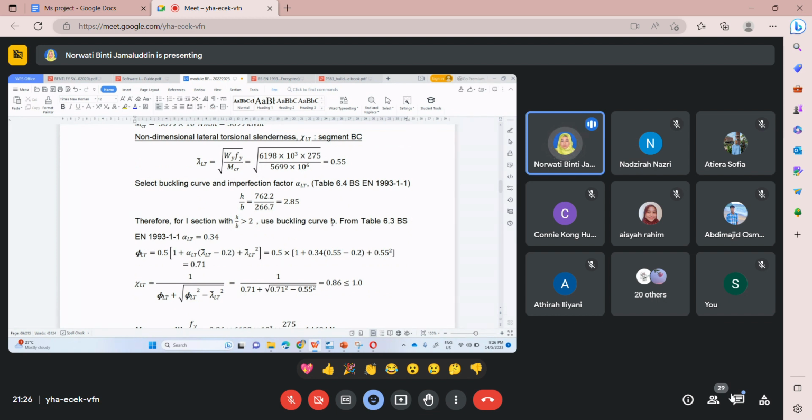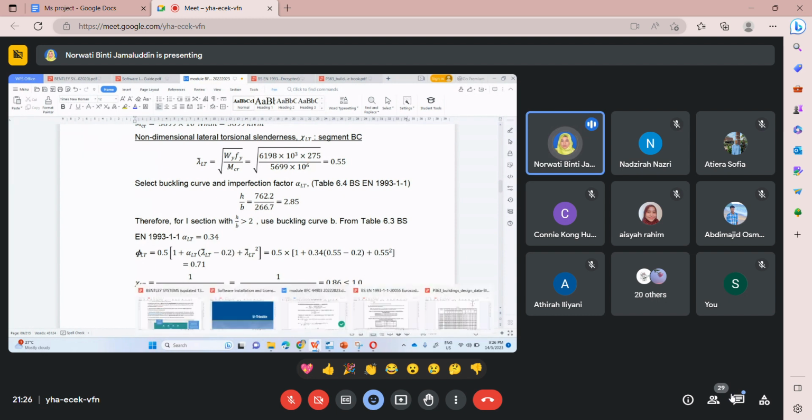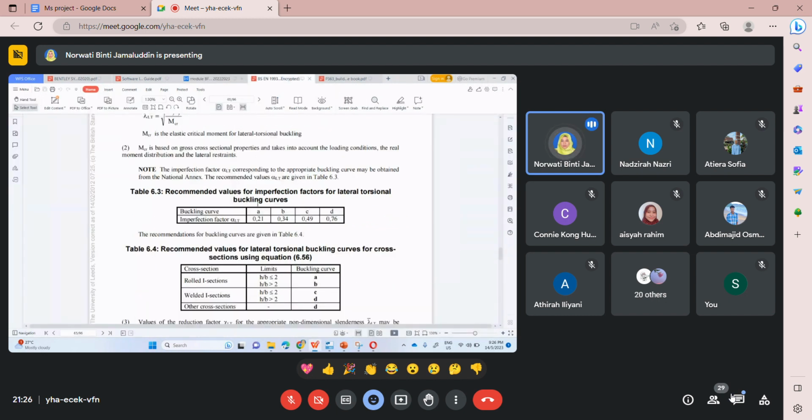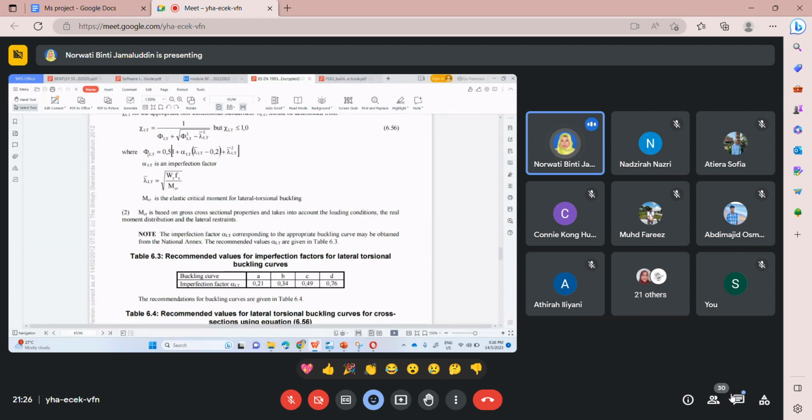Once you get the buckling curve, then you can use table 6.3 to determine the imperfection factor, which is alpha LT. You need alpha LT in order to compute phi LT. In this case, you can refer to figure 6.4 without having to calculate phi LT, but just follow the solution.